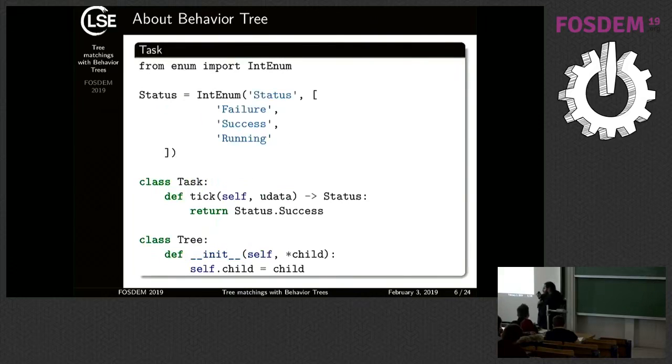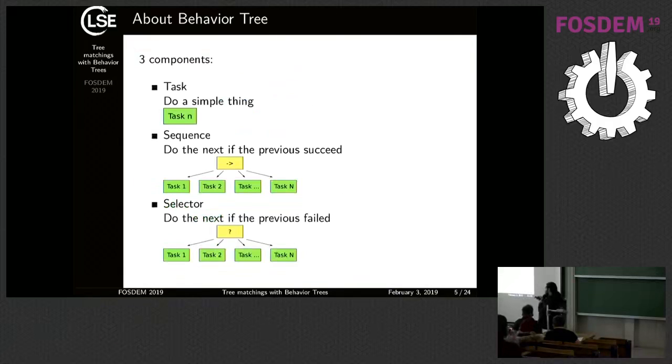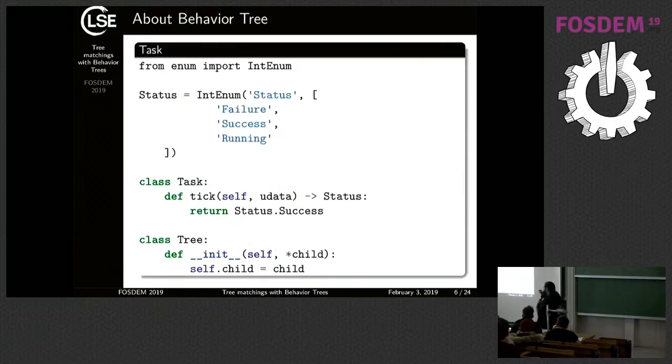This is the representation of a behavior tree as a diagram. Now I will explain a behavior tree as a piece of code. The main part of a behavior tree is to describe a task. So I create a class Task, and at each step of my process, I will call a method named tick.